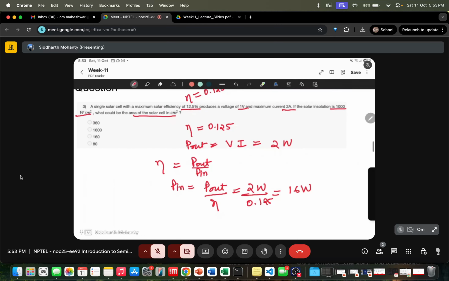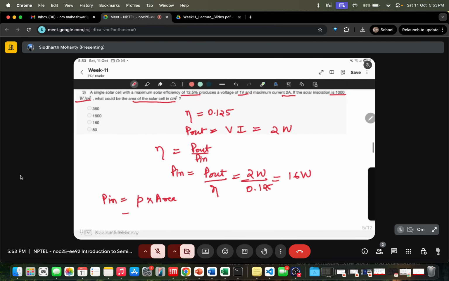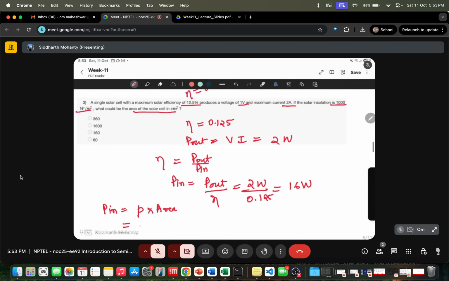Now the P in is insolation into area, right? So insolation is 1000 watt per meter square into area.